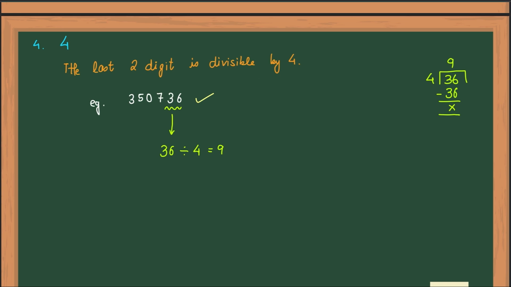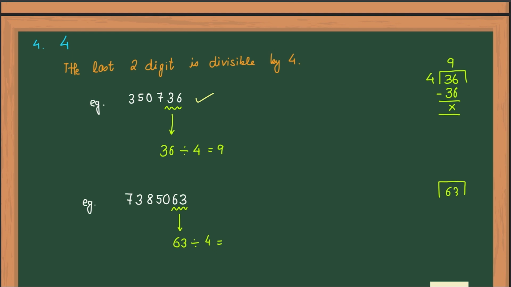What if I am considering another example, and let us take the example as 7385063. What are the last two digits? The last two digits are 63. I am writing it over here. 63 divided by 4. Let us try to divide this number.